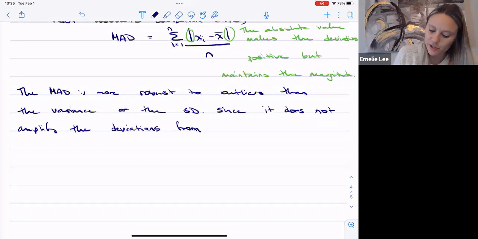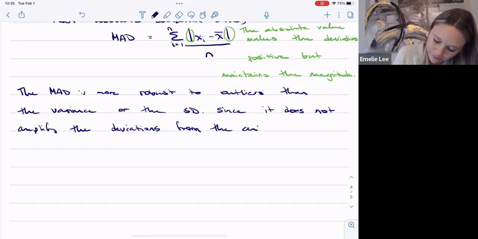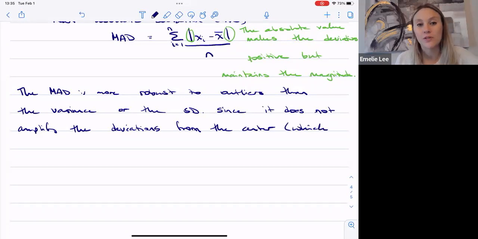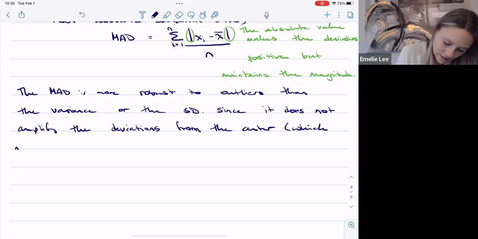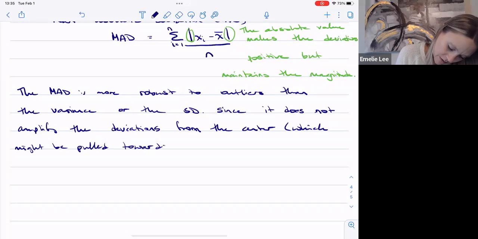Maybe I'll say deviations from the center, which might be pulled towards outliers.